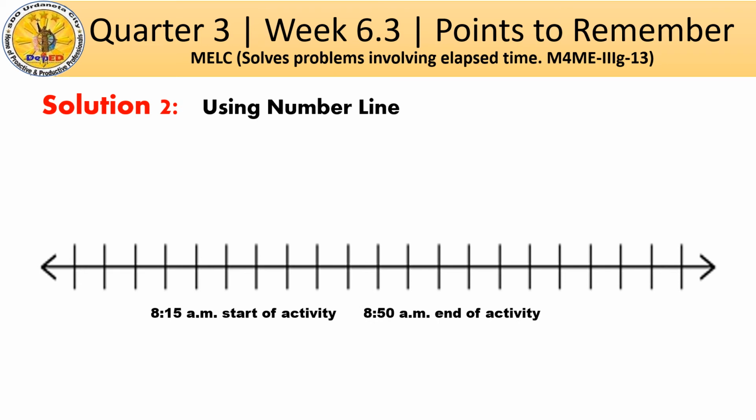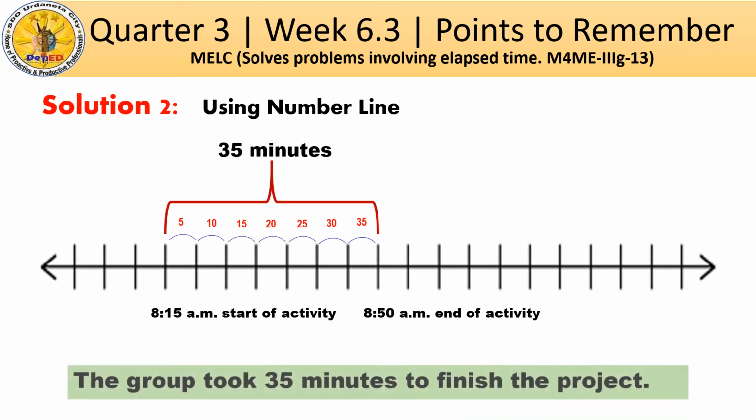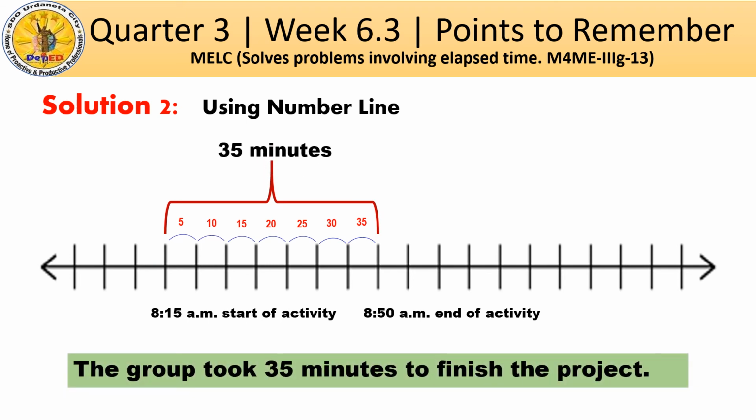So dito, gamit ang number line, magbibilang tayo by 5 from 8:15 to 8:50 a.m. So 5, 10, 15, 20, 25, 30, 35. So the group took 35 minutes to finish the project.